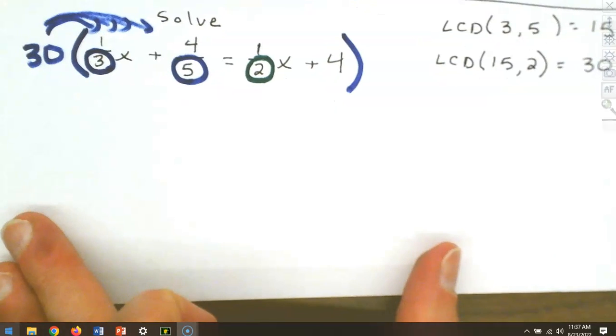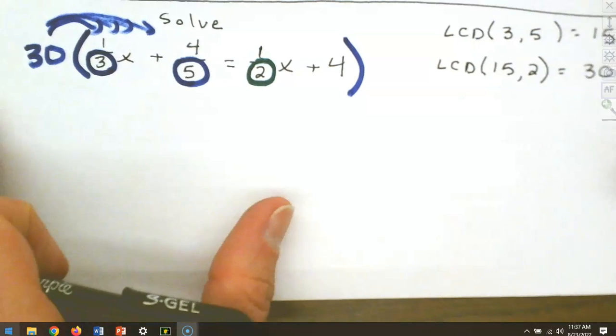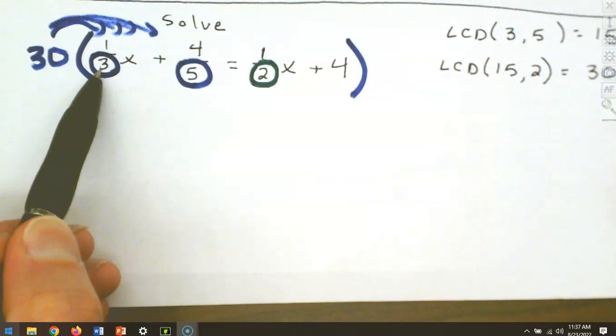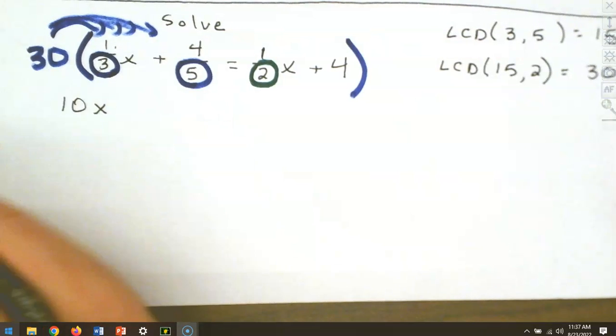And I'm going to show you the absolute easiest way to clear out these fractions. What we're going to do is we're going to divide by the number down below, the denominator, and multiply by the number on the top, the numerator. So we're going to divide by the number below, multiply by the number on the top. So 30 divided by 3 is 10. 10 times 1, well, that makes it a 10x.